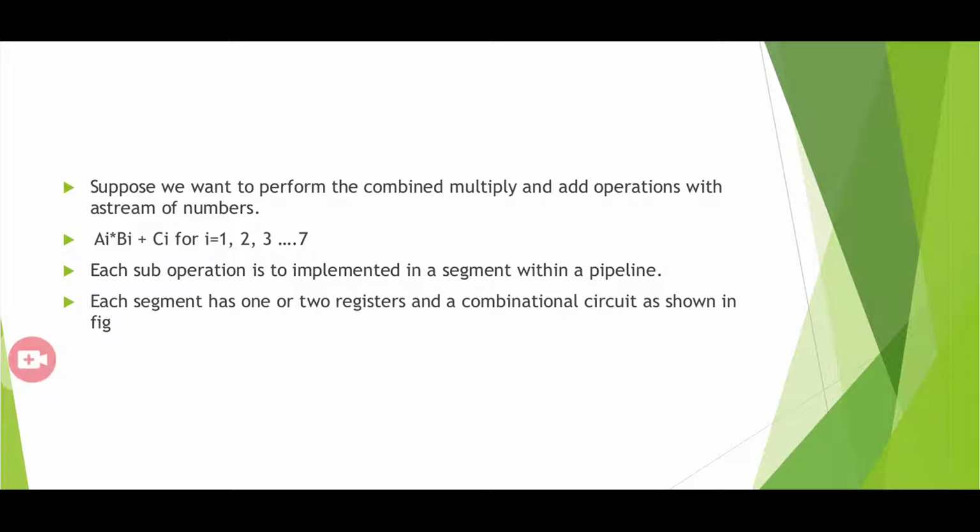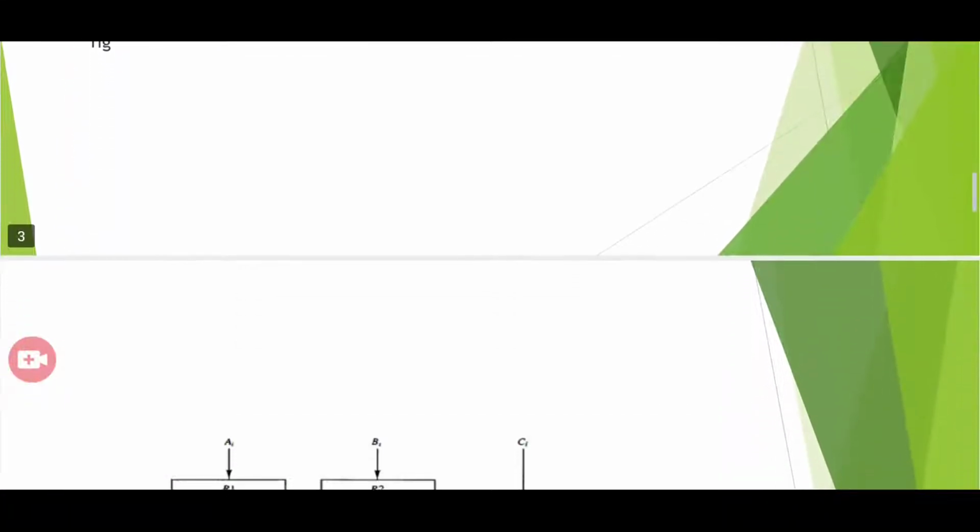Each sub operation is implemented in a segment within a pipeline, and each segment has one or two registers and a combinational circuit as shown in this figure.